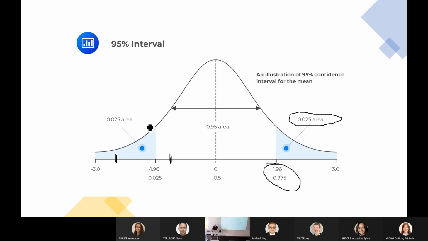Audience in class, do you have any idea? Which point, point A or point B, for 99% confidence level? Anyone online? It's A, right? Because then what will be the size of this area if we have a 99% confidence level instead of 95?